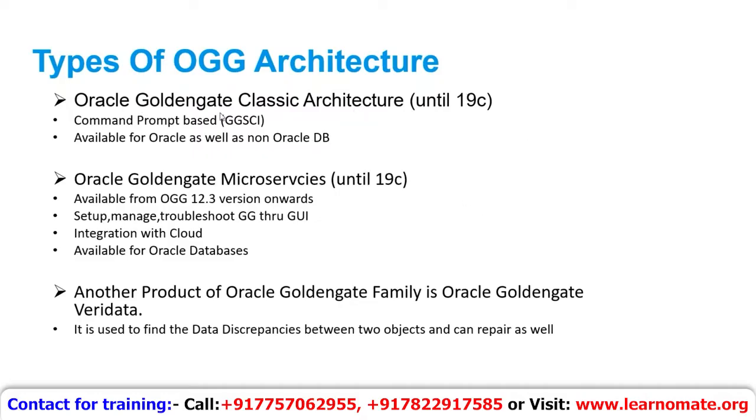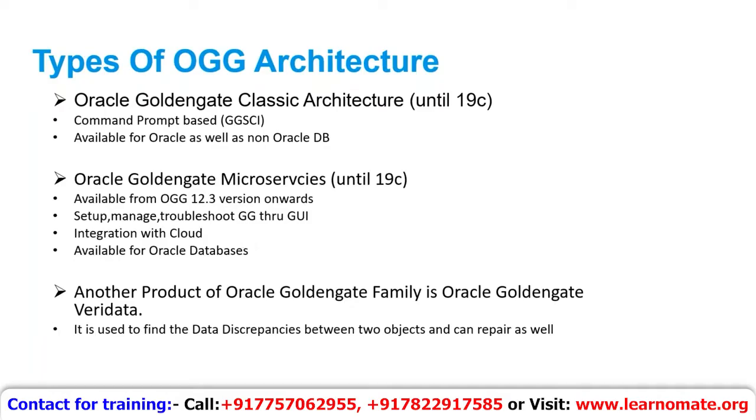Classic architecture is command prompt based GGSCA, and until 19C, it is available for both Oracle and non-Oracle databases. Oracle GoldenGate microservices until 19C is available for only Oracle database, and it allows for better integration with cloud applications.